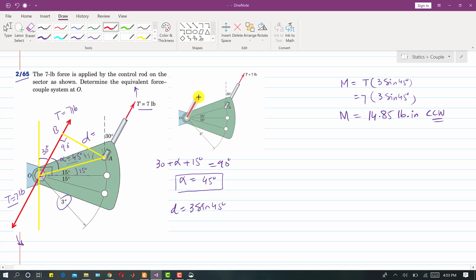This will be T force, so let me write that this will be T, 7 pounds, making 30 degrees with the vertical, right? And a counterclockwise moment, so we need to draw this as well. This moment will be 14.85 pound-inch. So this force will be replaced by this force couple system, right? So this is the solution of this problem.